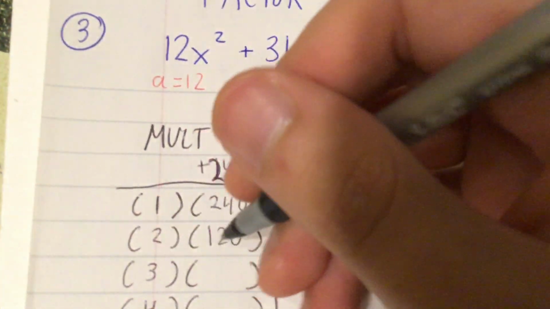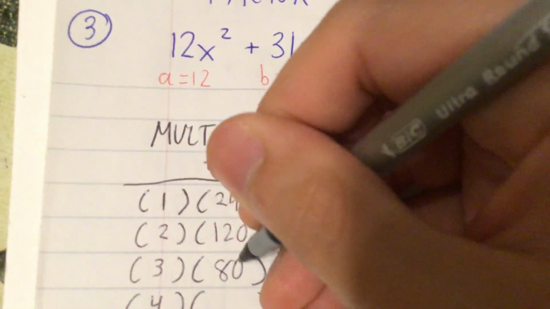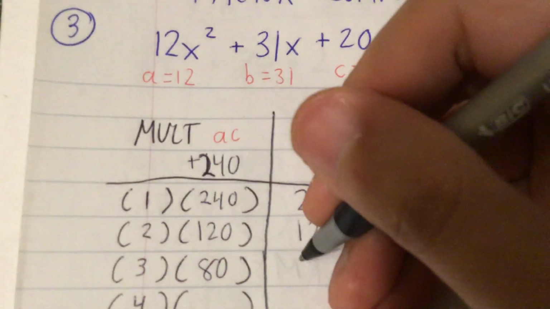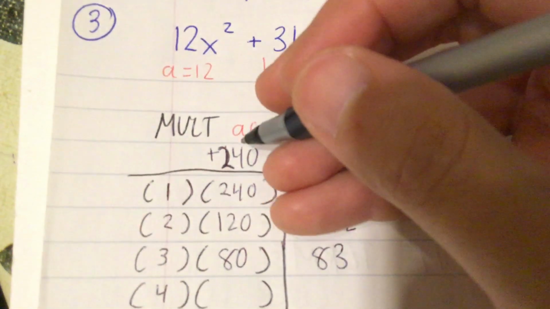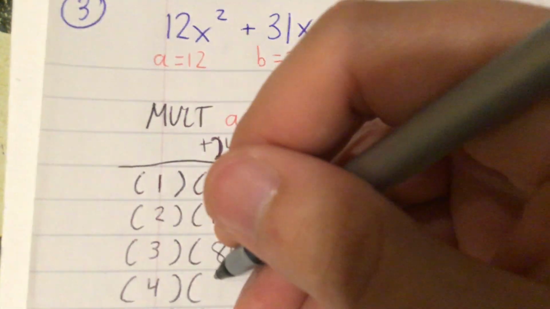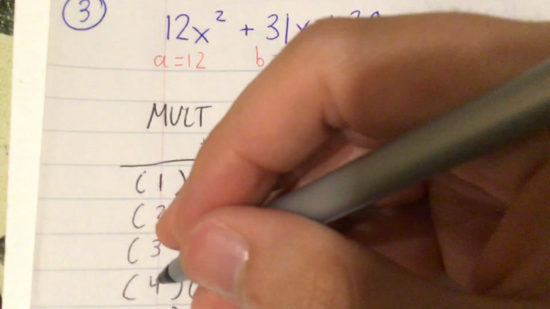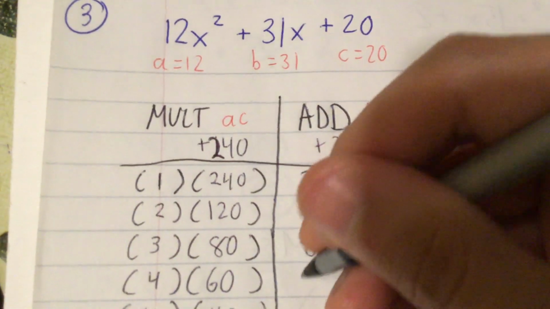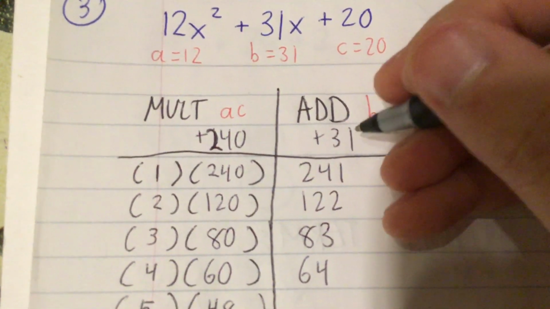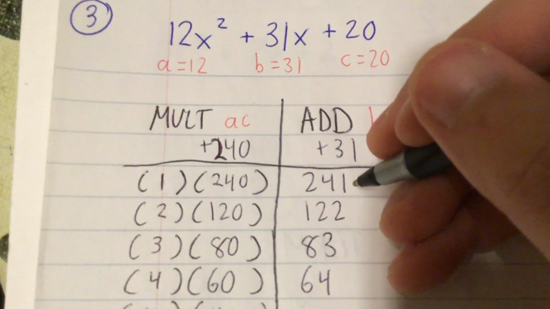So 240 divided by 3 would be 80. 3 plus 80 is 83. 4 goes into 240 60 times. 4 times 60 is 240. 4 plus 60 is 64. But notice we're getting closer and closer to 31.